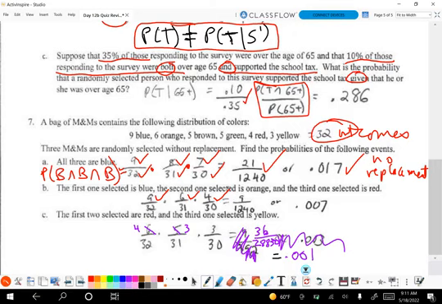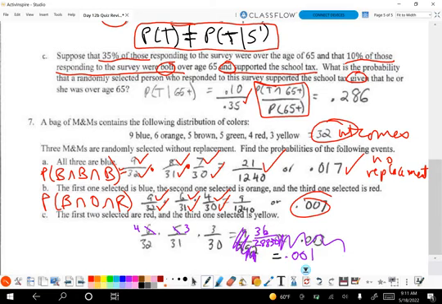So there are 6 oranges left. The third pick, there are still 4 red ones left. What changes is the denominator again. After I eat that first M&M, I've only got 31 total M&Ms left. After I eat the second M&M, there are 30. This is again the multiplication rule, because it's the probability of blue, intersection with the probability of orange, intersection with the probability of red. Intersection means and means multiplication.